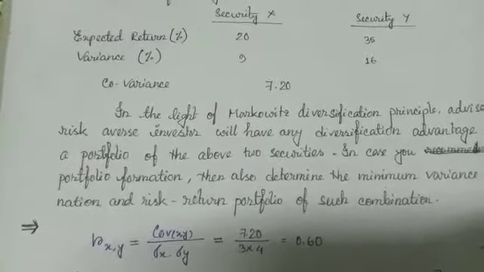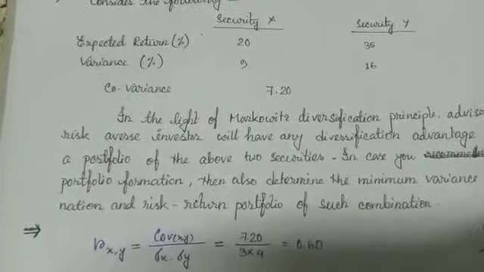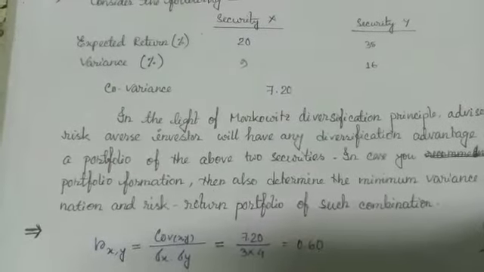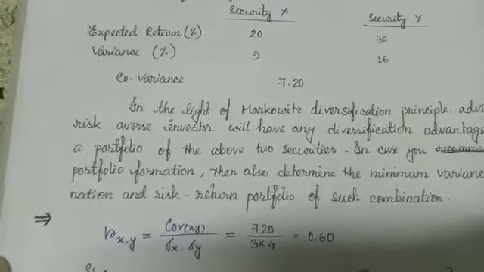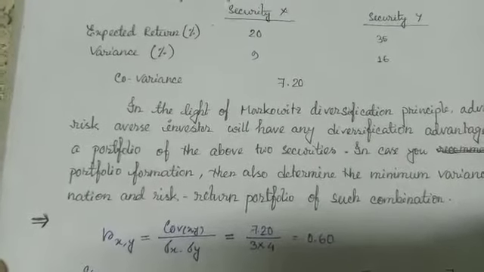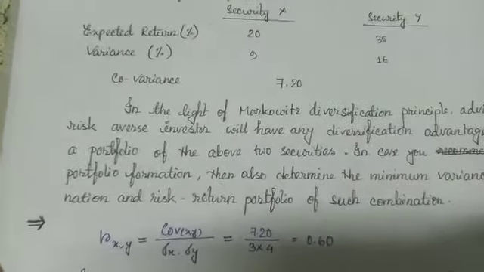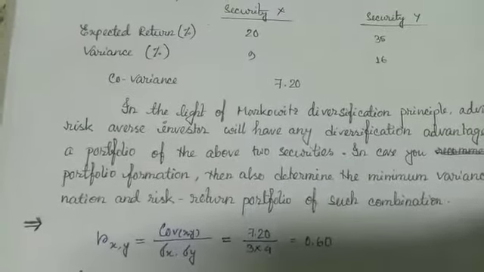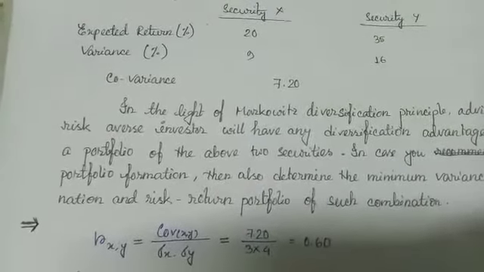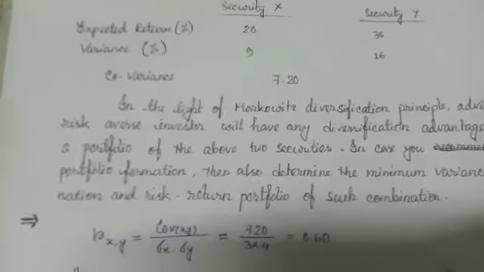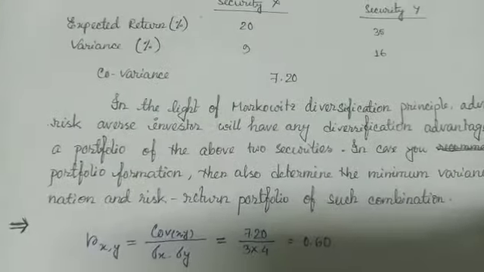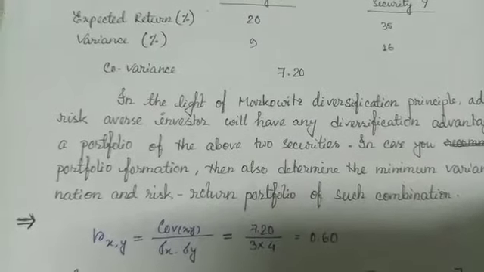We know that the correlation coefficient measures the risk in relative terms. Here if we jointly hold both the securities, then we have the risk of 7.2%, but if we hold security X and security Y individually, then we have the risk of 3 into 4, that means 12.